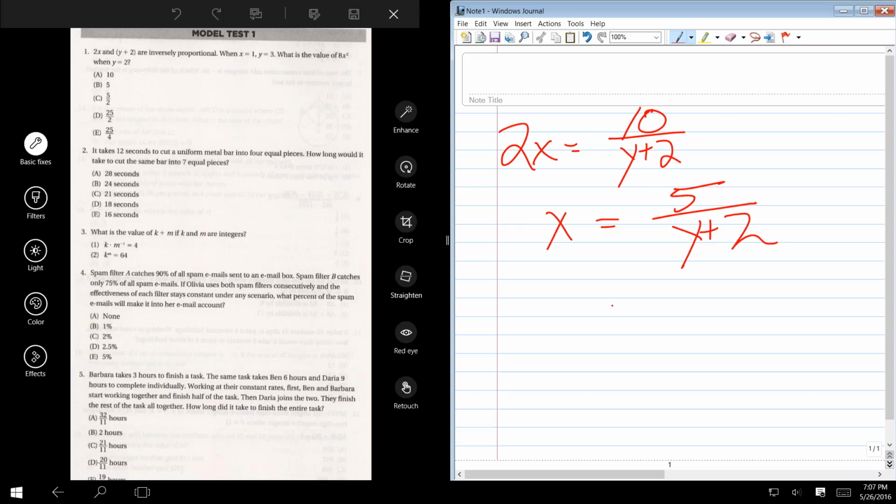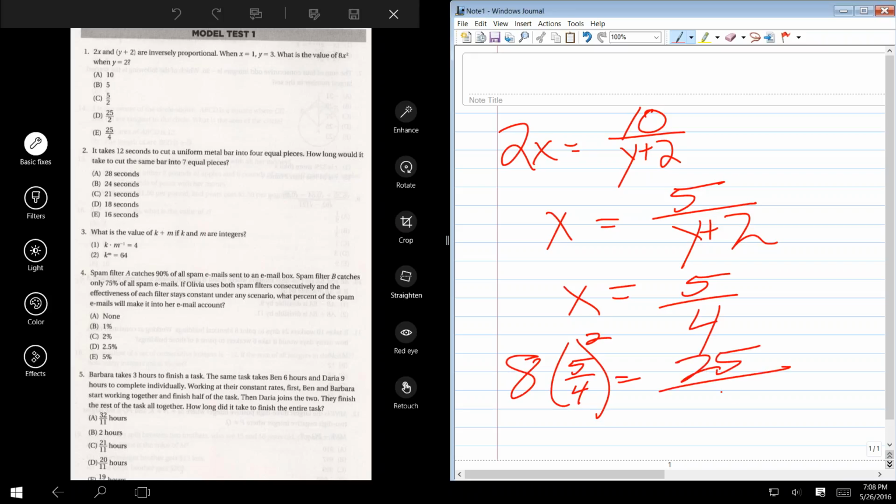Well, x is 5/4 when y is 2. So how would I get 8x squared? Now you're going to plug that value 5/4 in for x. You're going to square that, so that will be 25 over 16 times 8. Okay, so 25 over 2. Exactly. Okay, cool.